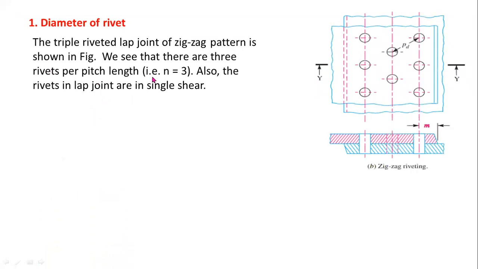If the thickness of the plate is less than 8 mm, then you have to use the relation PS equals PC. From this relation, we have to find out the suitable size of the diameter.